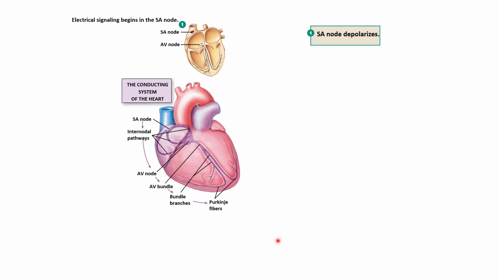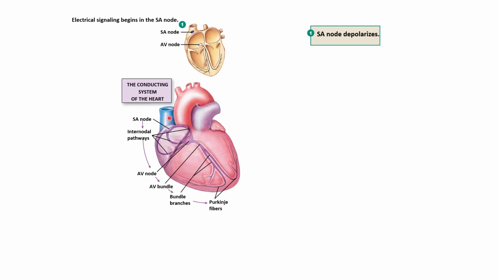So our pacemakers are found in these little clusters, and this leads to what we call the conducting system of our heart. So the areas that we find pacemakers are in our sinoatrial node, abbreviated SA, the internodal pathways, the atrioventricular node, abbreviated AV, the AV bundles, the bundle branches, and then our Purkinje fibers.